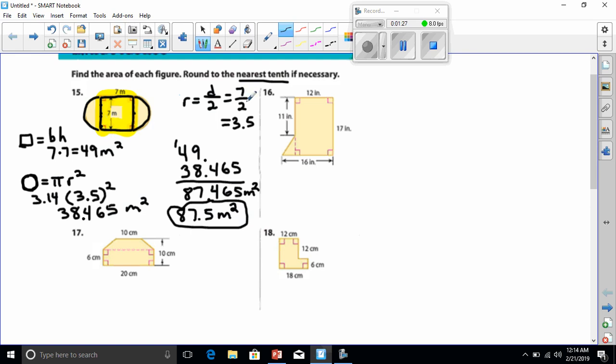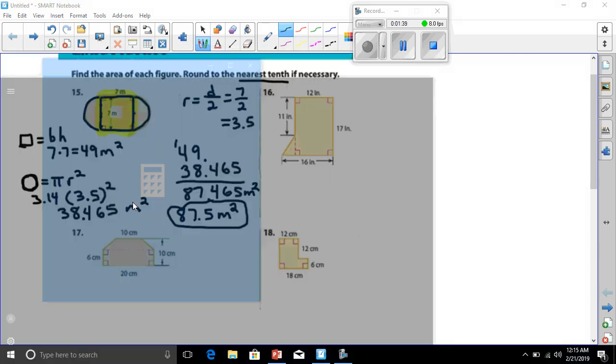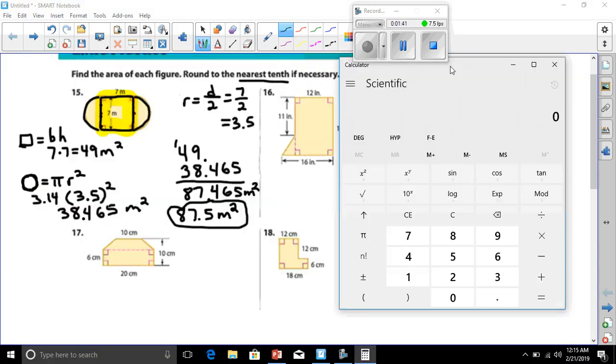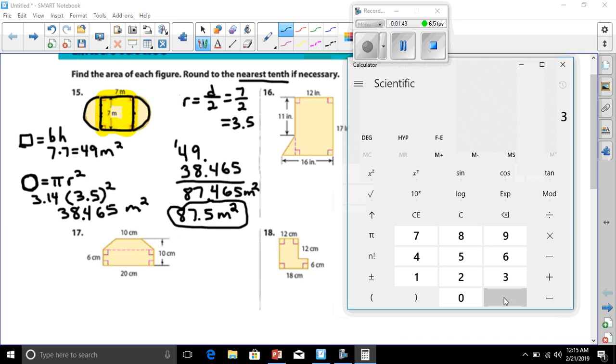So half of 7 is going to give us 3.5. So our radius is 3.5. Now we have to square 3.5. And if I take my trusty calculator, I see that 3.5 times 3.5 is going to give me 12.25.